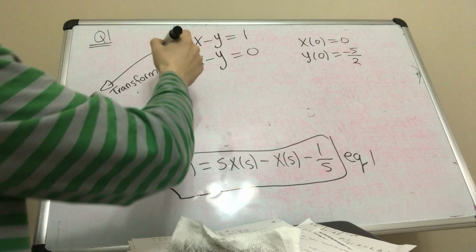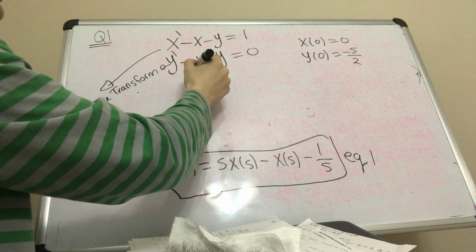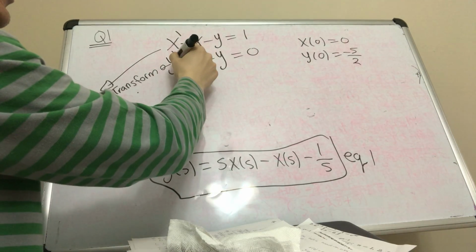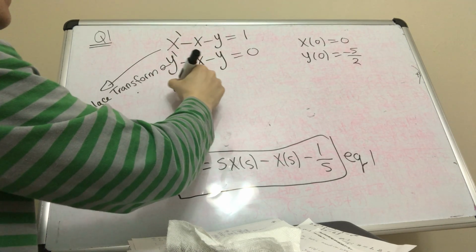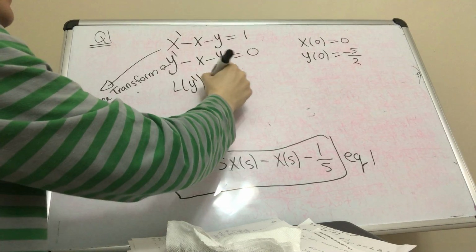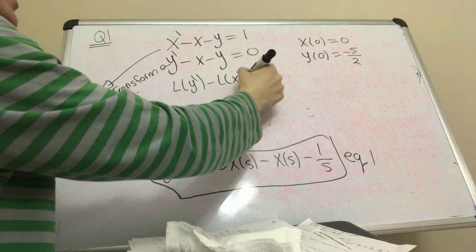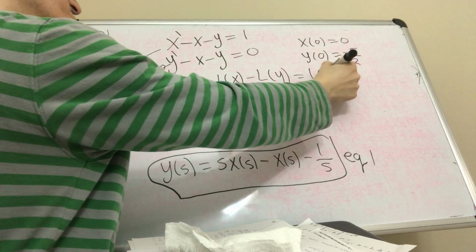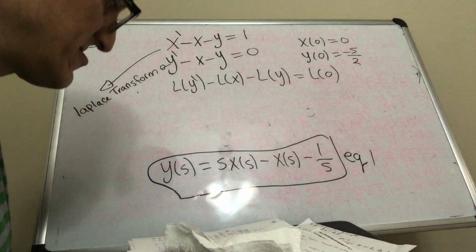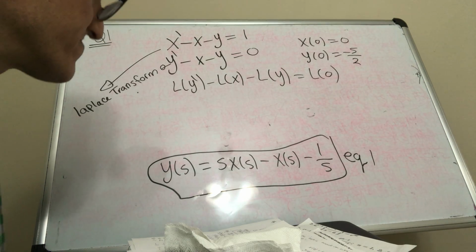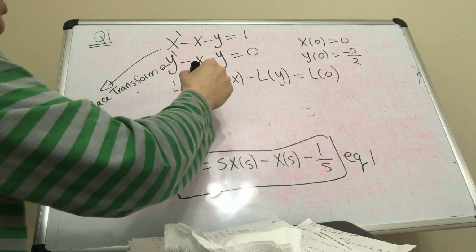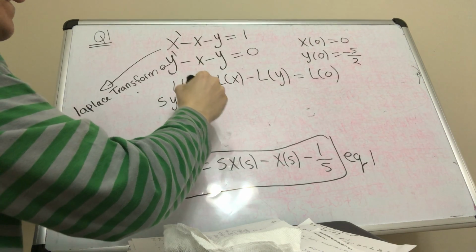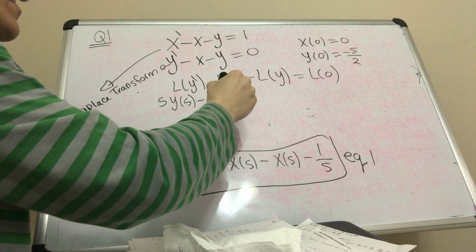Now I'm going to do the transformation for this one. So I'm going to do Laplace transformation for this one, for y prime, for the x, for the y, for the 0. For the derivative, you know, it's s Y(s) minus y(0).